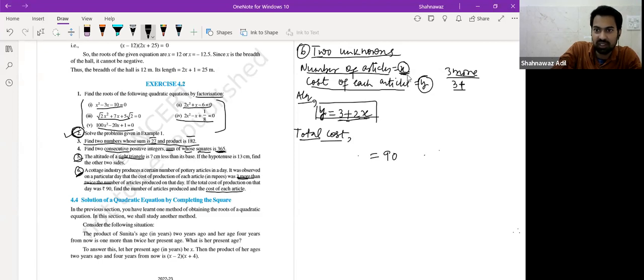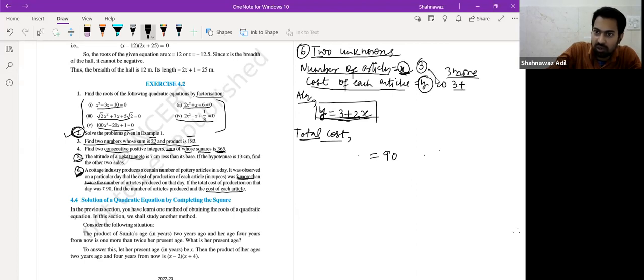90 equals 3x plus. Just forget about this part. You have number of articles X, and each article costs Y. Say you have 3 bats, and cost of each bat is 20.